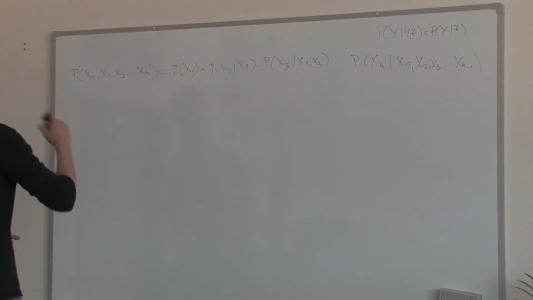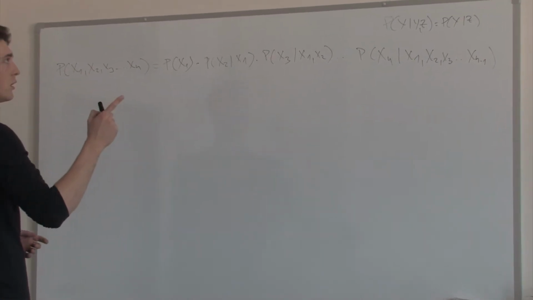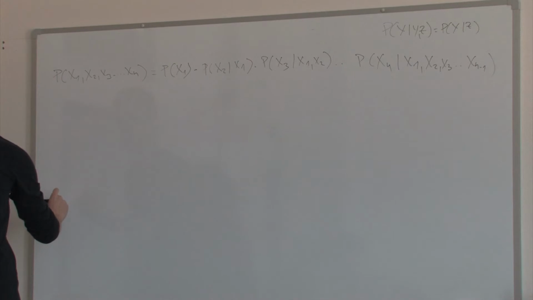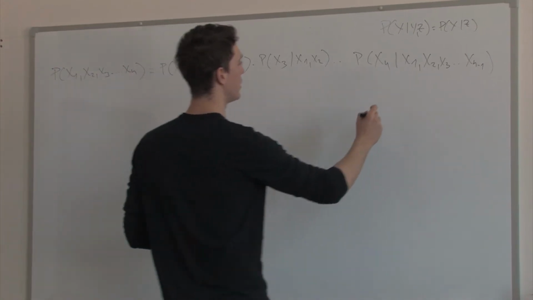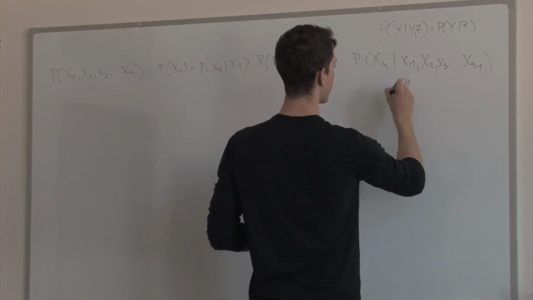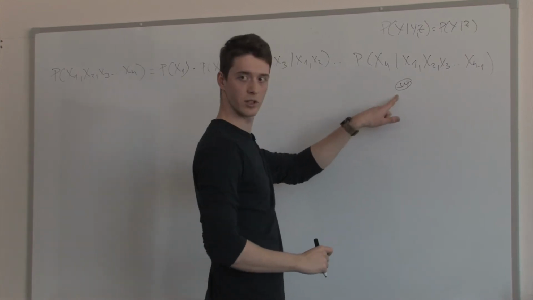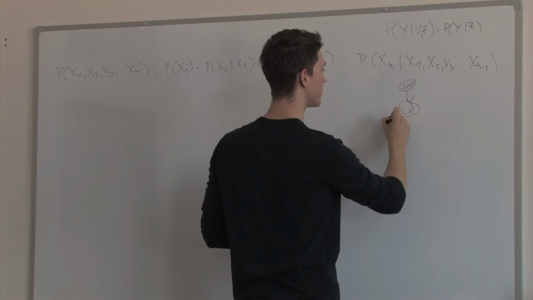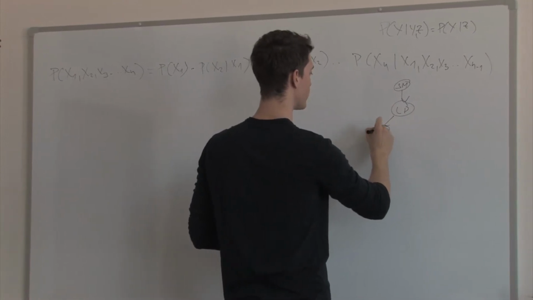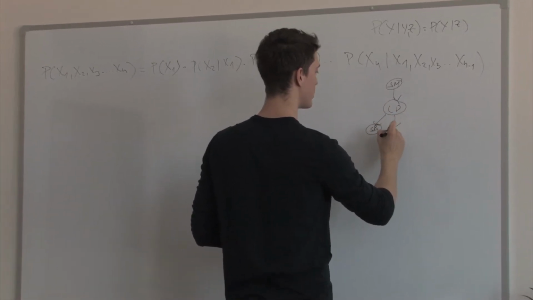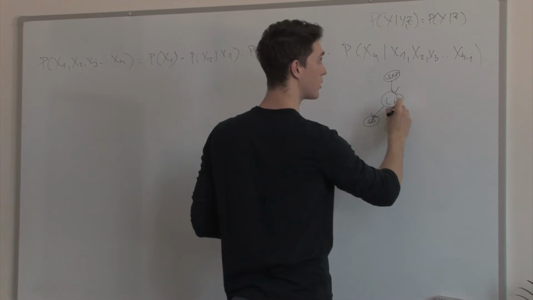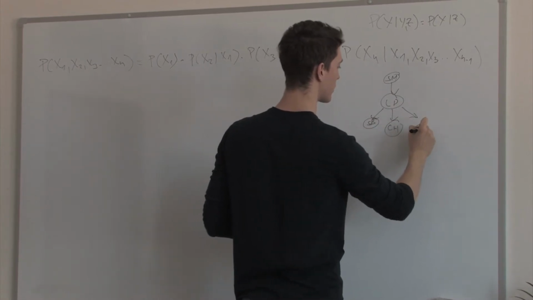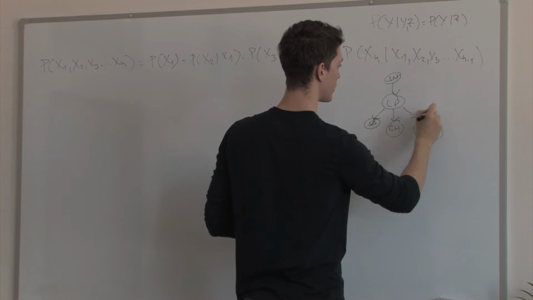So let's rewrite the whole network. I'll write it here. We have smoking, lung disease, shortness of breath, chest pain, cough, cold.